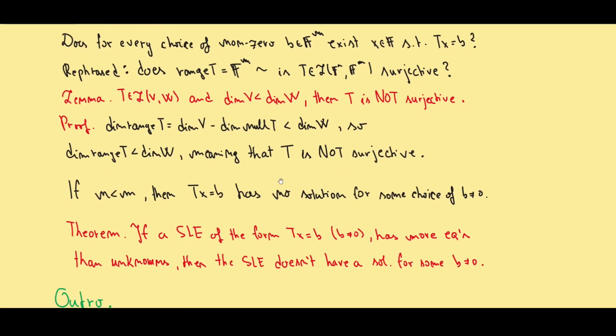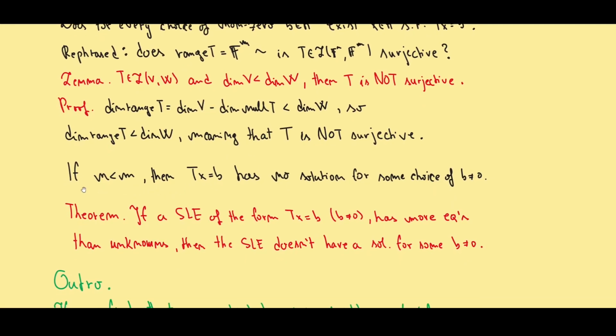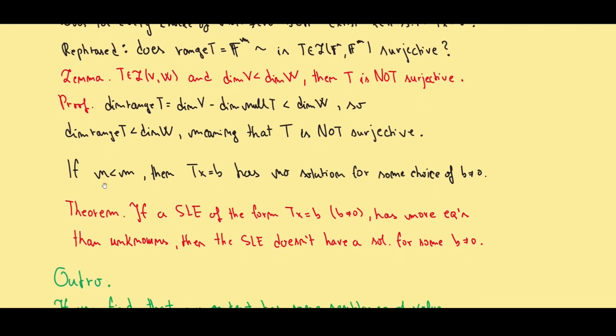So translating again to our system of linear equations, we have that if the number of unknowns is less than the number of equations, then this system over here, where again b is different from 0, has no solution for some choice of b. So there exists some b, at least one, that has no x that gets mapped to it.